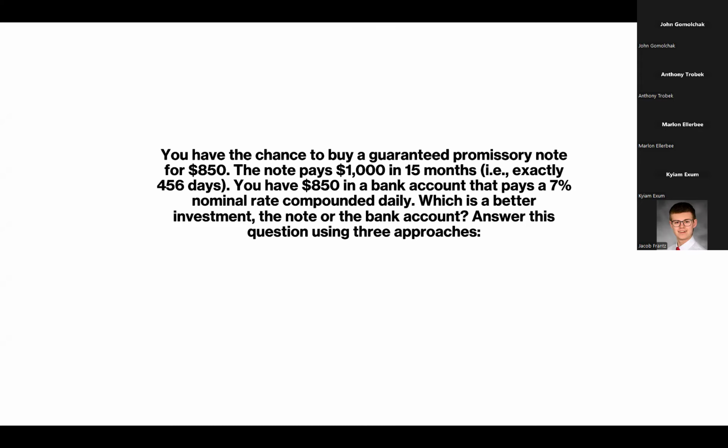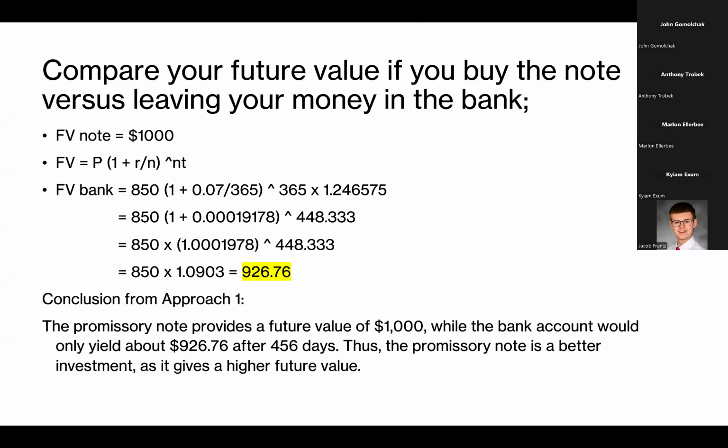The first one was to compare your future value if you buy the note versus leaving your money in the bank. The future value of the note is obviously $1,000. And we have to find the future value of the money in the bank. So you take the initial deposit of $850 with the nominal rate of 7% per year compounded daily over 456 days, and you plug that into the future value formula and you get $926.76.